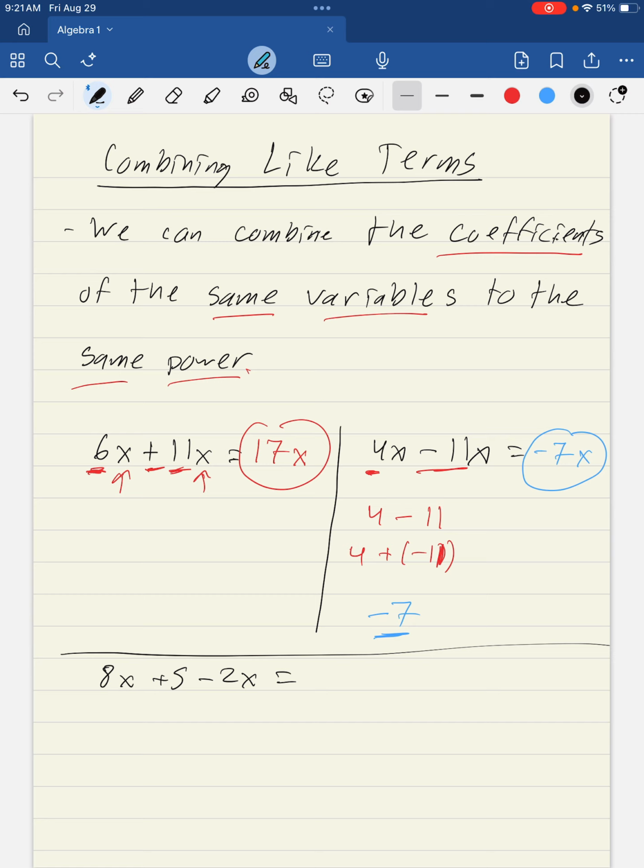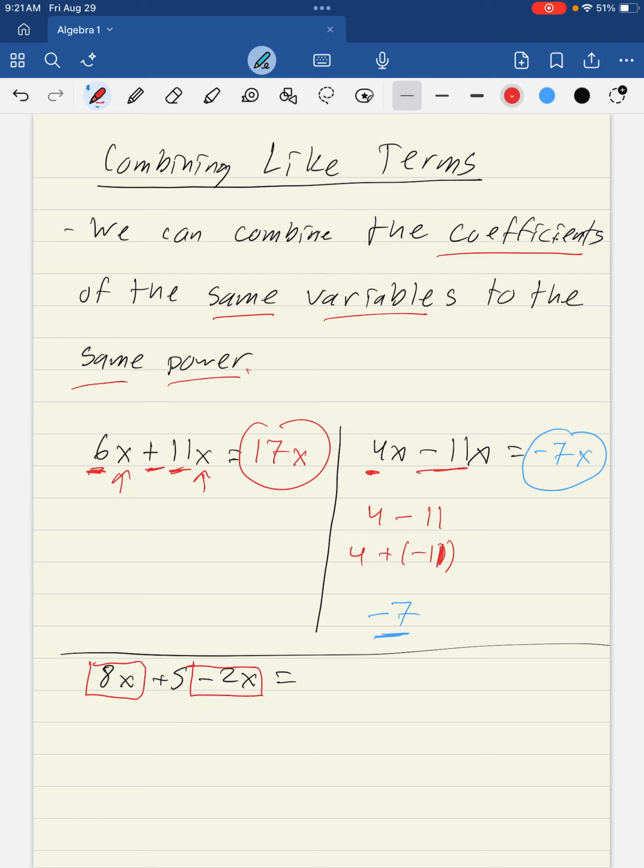We have to understand that we have x here. This guy and this guy match. The 5 really doesn't match. The reason it doesn't match is it's not a like term. It doesn't have the same variable after it. What I like to do is box my like terms, but I have to keep the number with the box with the term and the sign.